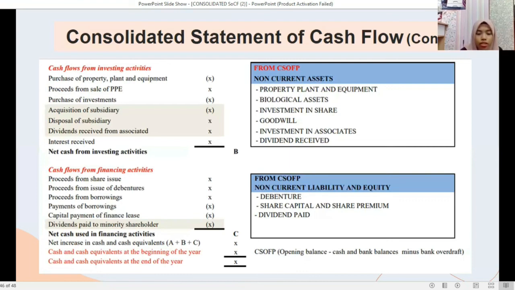We can take it from the consolidated statement of financial position, where the calculation is opening balance of cash and bank balance minus bank overdraft. Therefore, we will get cash and cash equivalents at the end of the year. That's all for me and I will pass to Wen to continue the presentation.